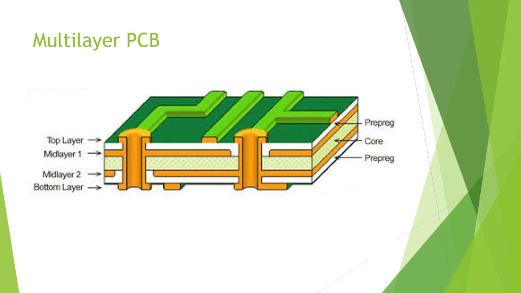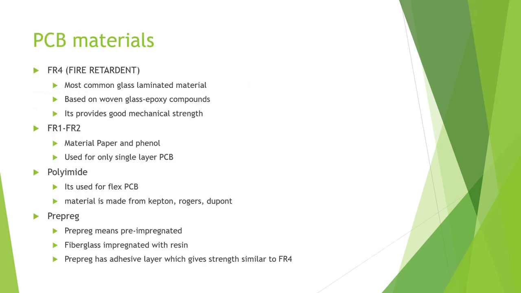On the right side there is shown the prepreg, core, and prepreg. Those are the different kinds of material used for creating the PCB. Okay, then we come to the different types of material. FR4 means fire retardant material.